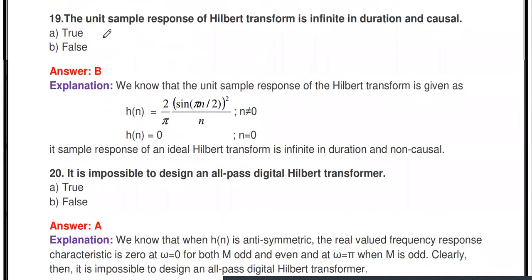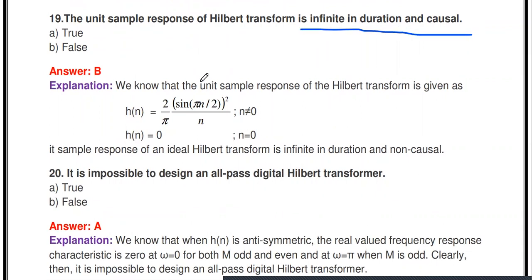The next question: the unit sample response of the Hilbert transform is infinite in duration and causal. True or false? It's false. What is the unit sample response of the Hilbert transform? h of n equals 2 by pi n, sine pi n by 2 the whole squared, when n is not equal to 0, and h of n is 0 for n equal to 0.